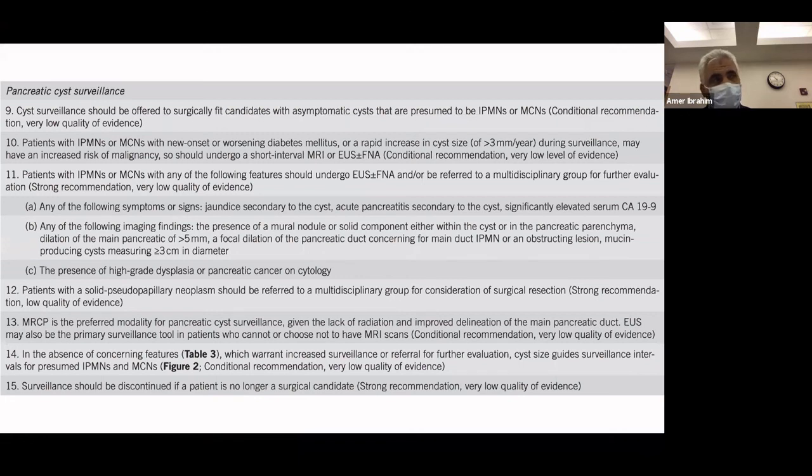There is a paper from Japan which very clearly demonstrates that if you go posteriorly down to the left renal vein and the left adrenal gland and take it all en bloc, you will have fewer positive margins. If you stick to the pancreas to preserve the splenic vein and splenic artery, then most likely, if it is cancer, there is a high chance you will have a positive margin posteriorly.